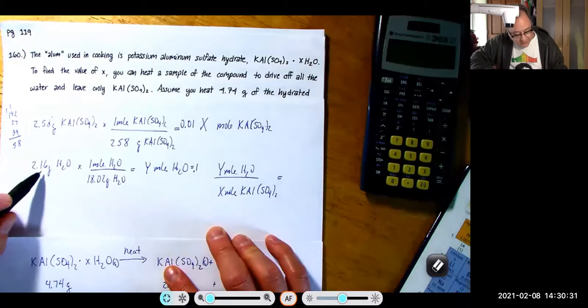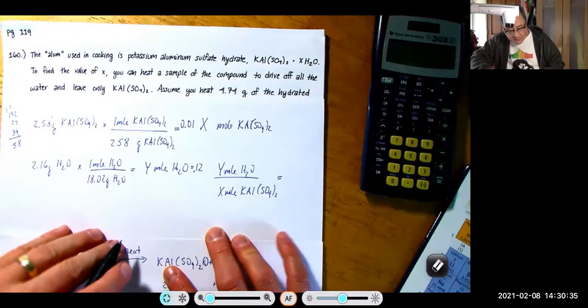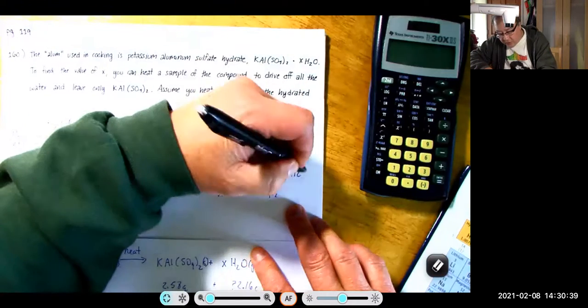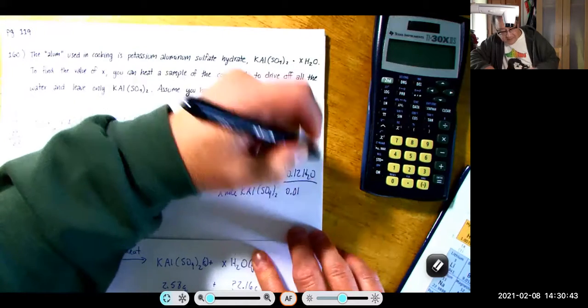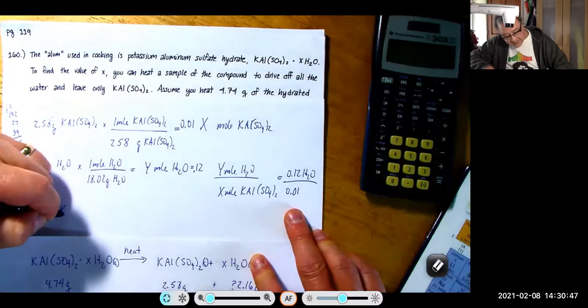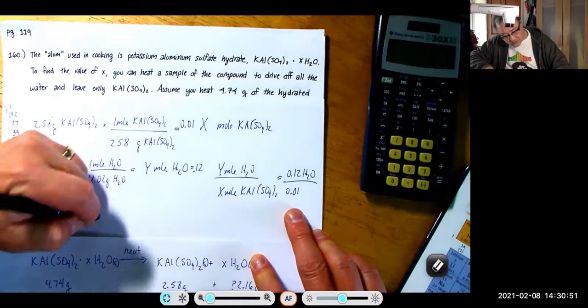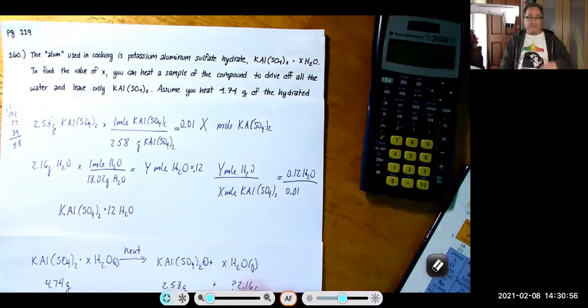And then left over is 3, 36, and then 2. So the numbers I'm going to use here are 0.12 H2O and 0.01. So we're going to get 12 to 1. So the formula is going to be KAl(SO4)2 12 H2O. So that would be potassium aluminum sulfate dodecahydrate.